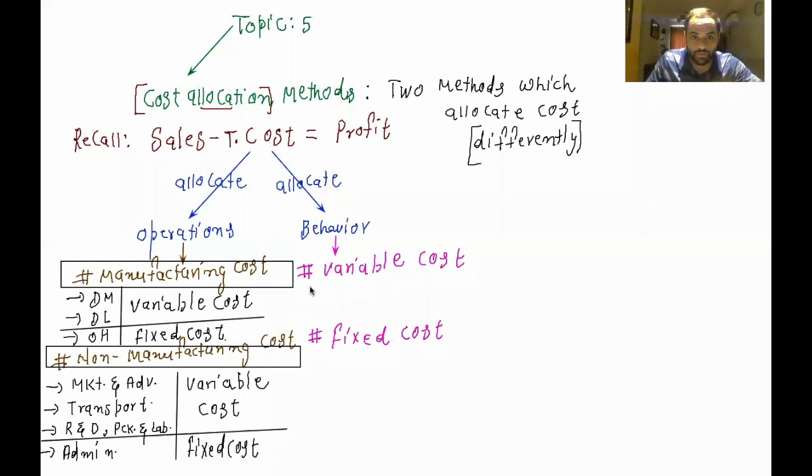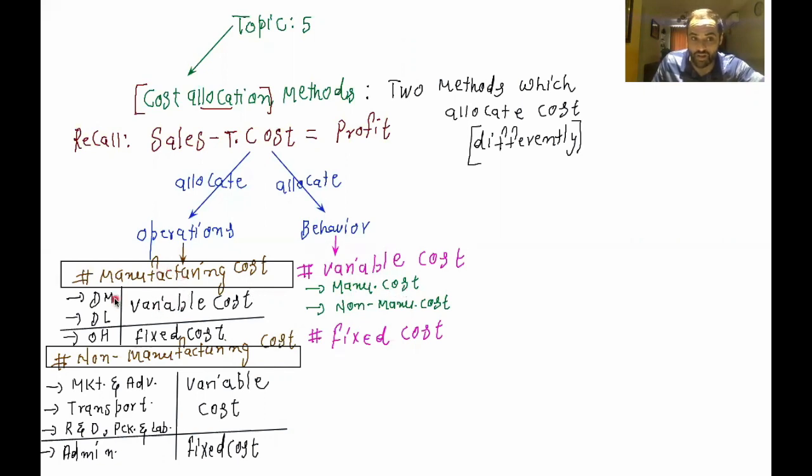So variable cost involves manufacturing cost and non-manufacturing cost. So what could be variable manufacturing cost?